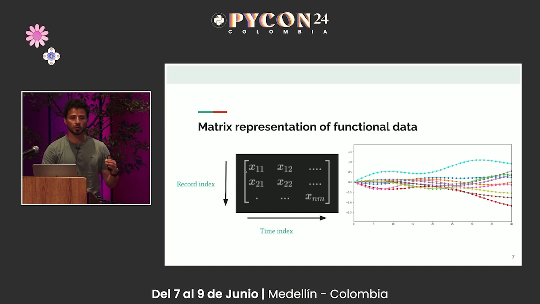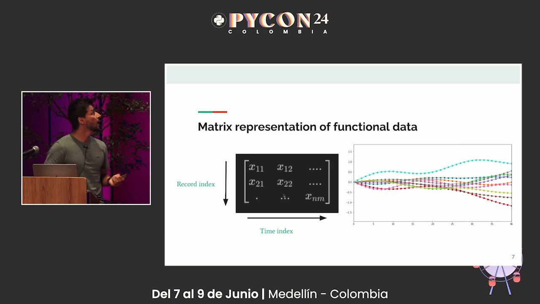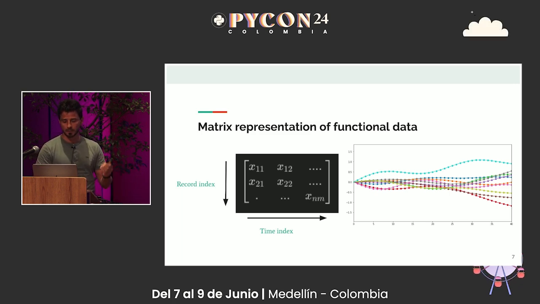Each row is going to represent a record of the data set, and the index columns represent the time or the index of your domain. Doing this is going to allow you to work easily with Python and NumPy in the future.